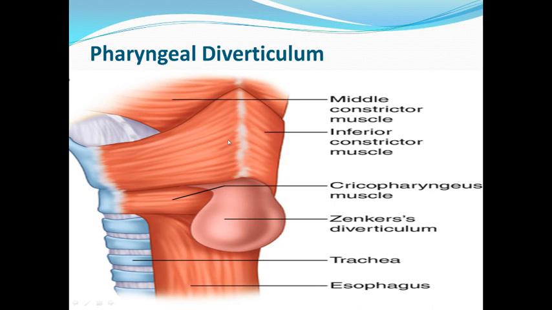So sometimes there is no neuromuscular incoordination in the thyropharyngeus muscle, but there is some neuromuscular incoordination in the cricopharyngeus muscle, leading to a more constricted feeling, a tight banding of this cricopharyngeus muscle, due to which the food or the water will be pushed back and tends to produce this Zenker's diverticulum within the Killian's dehiscence.